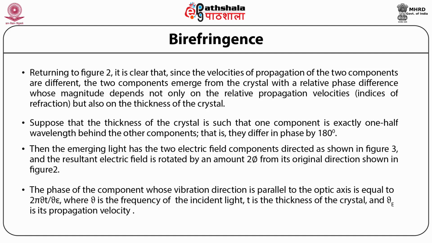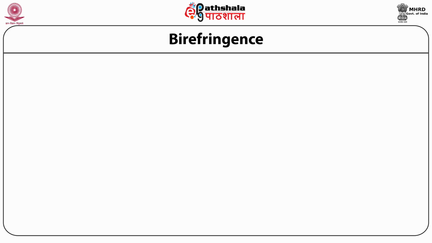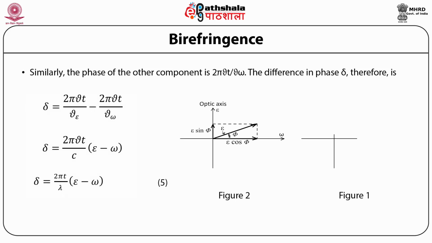The phase of the component whose vibration direction is parallel to the optic axis is equal to 2 pi nu t by Ve, where nu is the frequency of the incident light, t is the thickness of the crystal, and V is its propagation velocity. Similarly, the phase of the other component is 2 pi nu t divided by V omega.